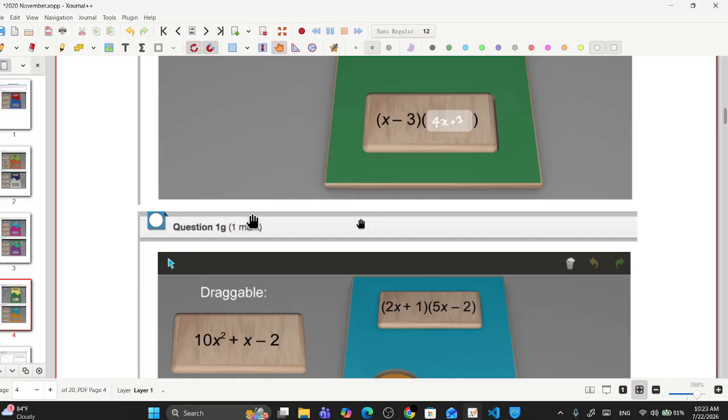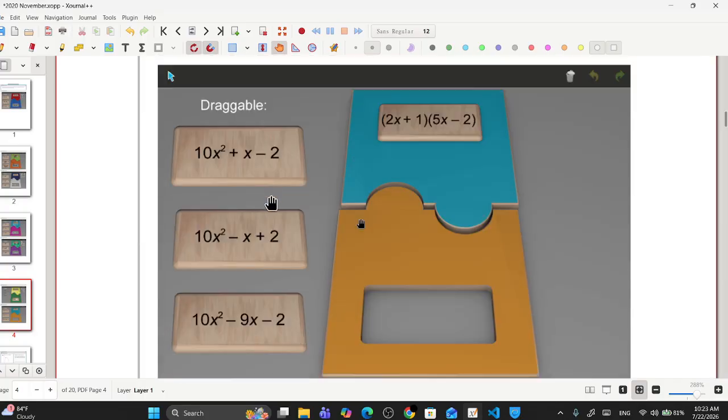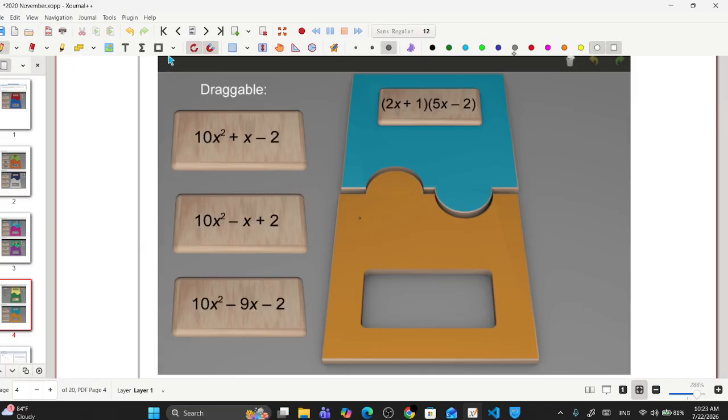And then we have 2x plus 1 into 5x minus 2. Pretty simple. 2x multiplied by 5x becomes 10x squared, my bad, 10x squared. 2x multiplied by negative 2 becomes negative 4x. 1 times 5x becomes 5x, and 1 times minus 2 becomes negative 2. 10x squared minus 4x plus 5x becomes positive 1x minus 2.